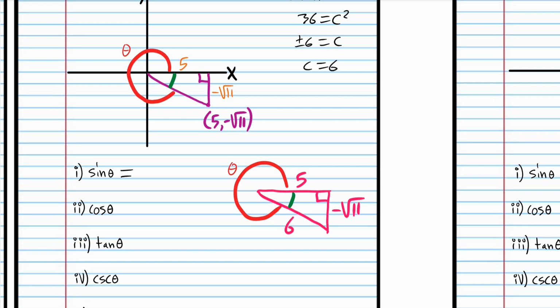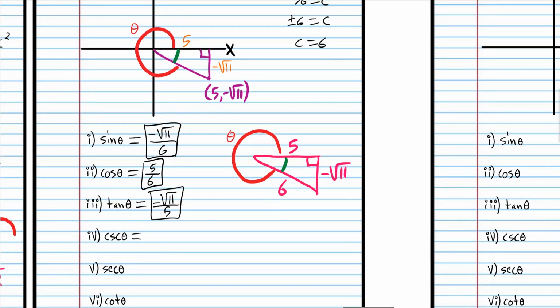So sine theta is the side opposite the green reference angle divided by the hypotenuse. Cosine theta is the side adjacent the green reference angle divided by the hypotenuse. Tangent theta is the side opposite the green reference angle divided by the side adjacent the green reference angle. Cosecant theta is the hypotenuse divided by the side opposite the green reference angle.